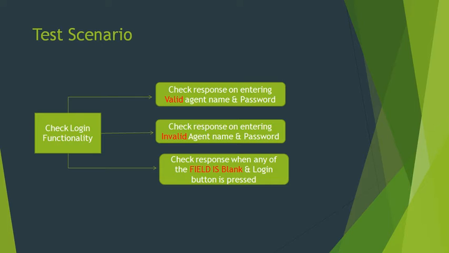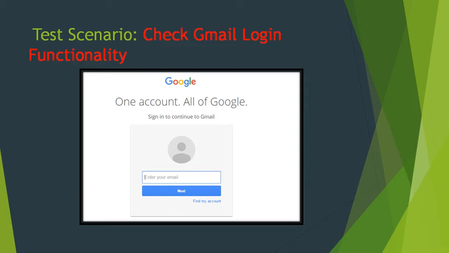So the tester needs to identify the scenarios according to the business requirement. Today we are going to write a test case where we test the login functionality of Gmail.